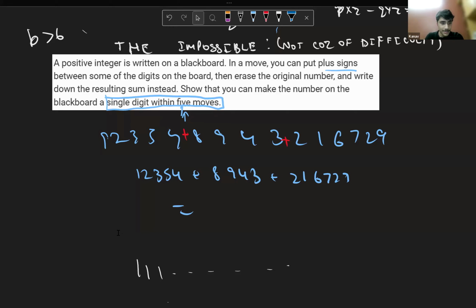Originally he can choose 10 to the power of n numbers if it's n digits, and I can choose 2 to the power of n minus 1 operations. It's not about the number of free choices you have, it's about how limited they are. Freedom is not about the number of choices you have; the control that you have is the freedom.